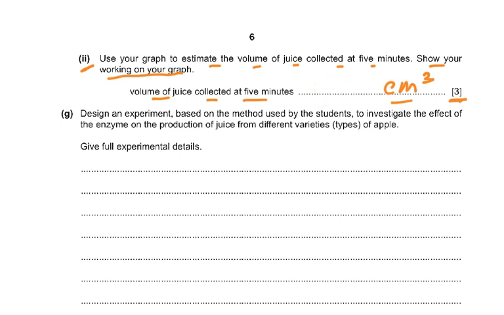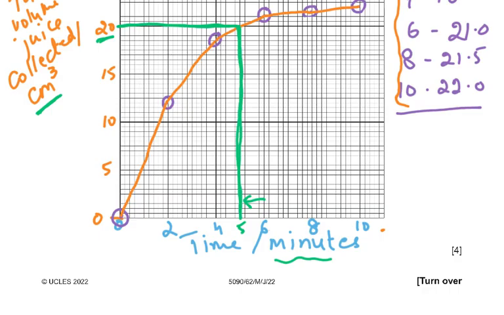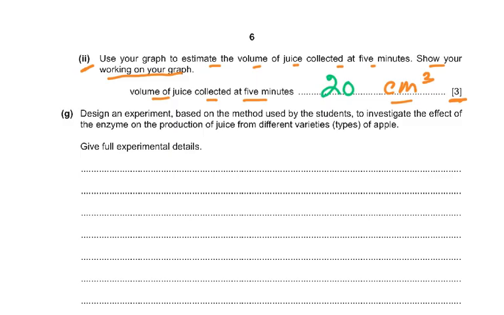So according to my graph, it was 20 cm cube. So the fact that I drew the line, I got 1 mark for this. And then the fact that I wrote 20, I got 1 mark for this. And the fact that I wrote cm cube, I got 1 mark for this. Now it's very sad if somebody did not get these 3 marks. It's absolutely something in which you don't need to know any biology. It's just something that you have to get from the graph.